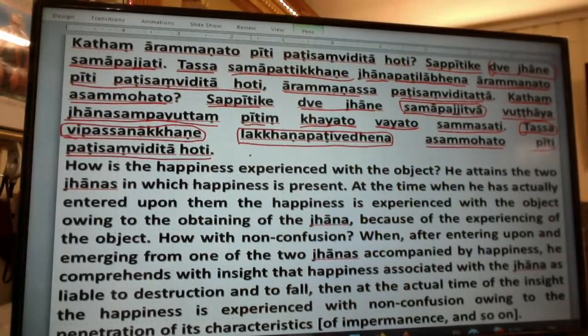Knowing the piti clearly in the meditative mind without ignorance is asammohato here.